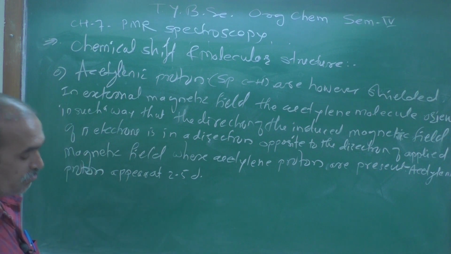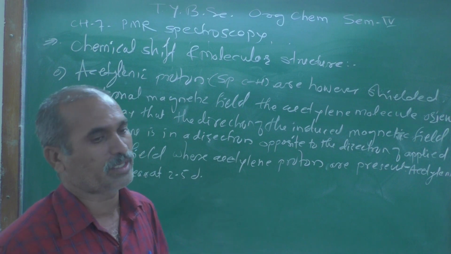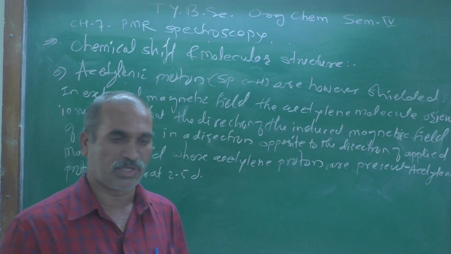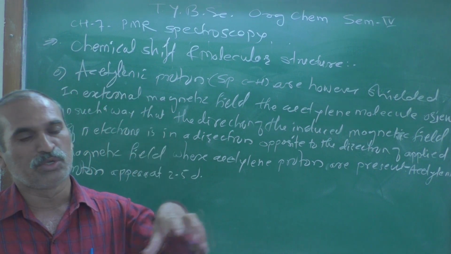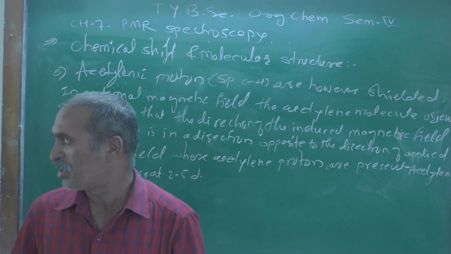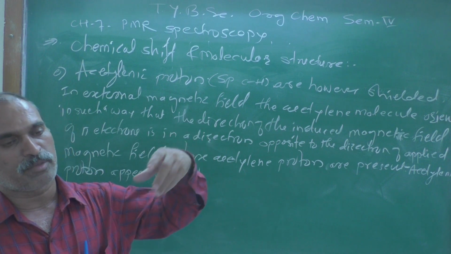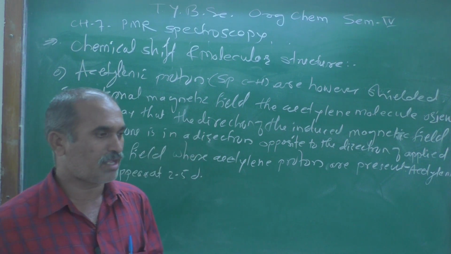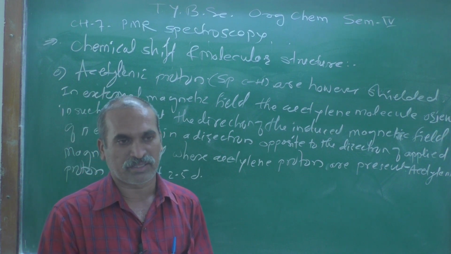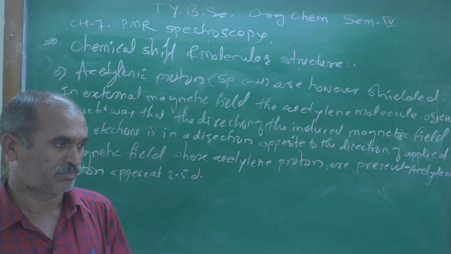In the previous case, for vinylic or aromatic protons, when we apply the external magnetic field, there is a generation of an induced magnetic field, and the applied magnetic field and the induced magnetic field are parallel to each other, and that's why they are de-shielded in nature.